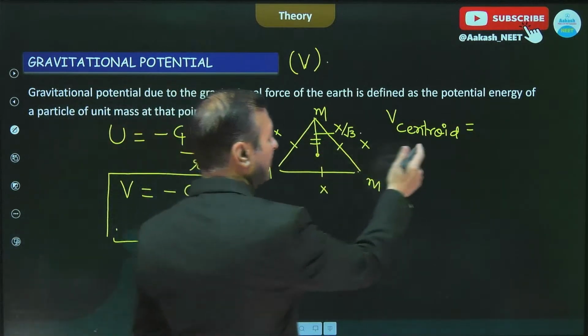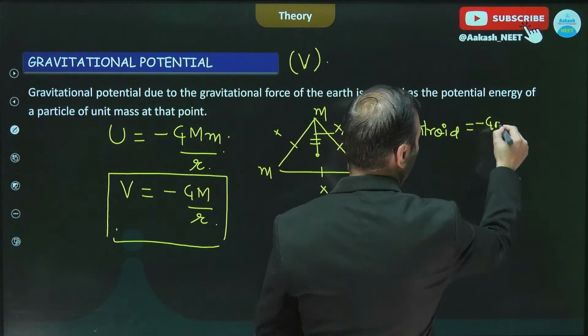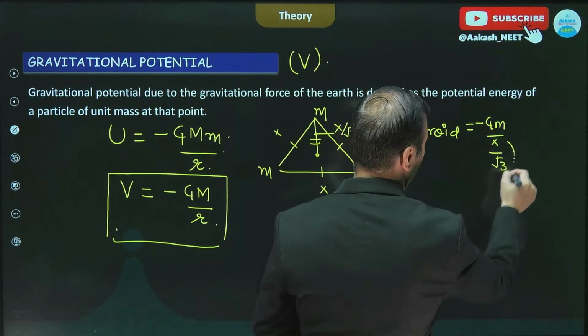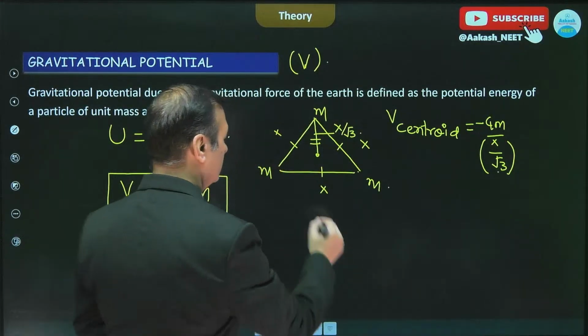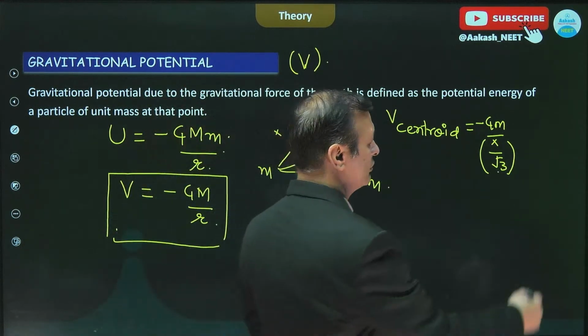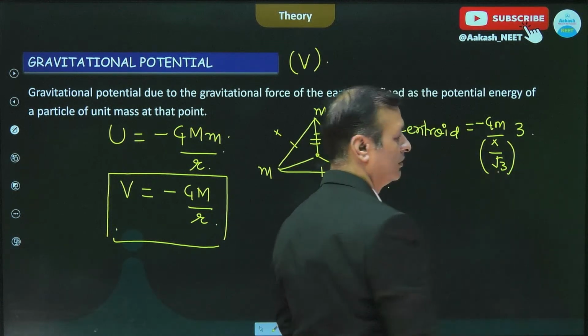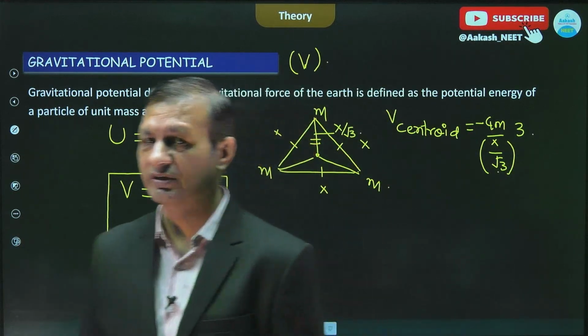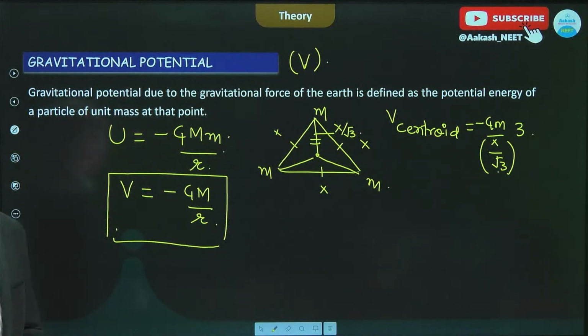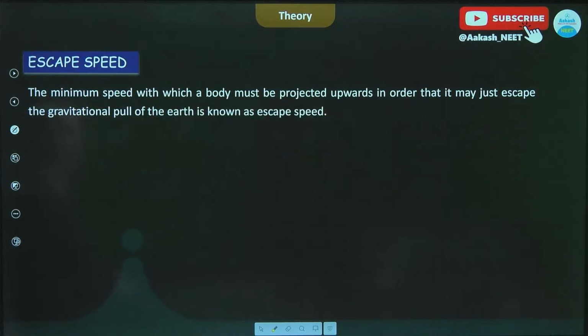For this one mass, this is minus G m by x by root 3. For the second mass this is also the same, and for the third mass also. So we simply put a numerical 3 there, and that would define the gravitational potential at the centroid for this configuration. Got it?